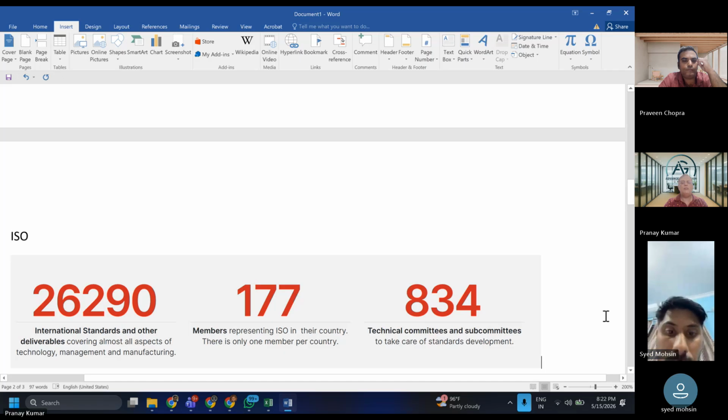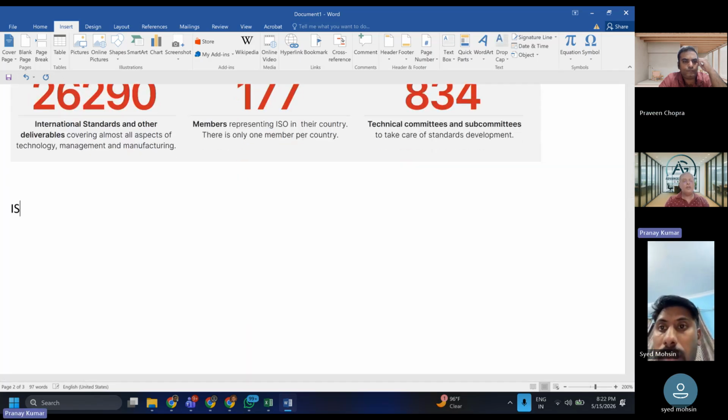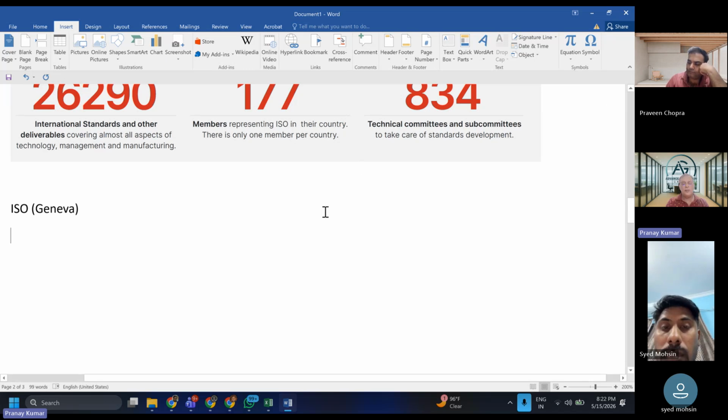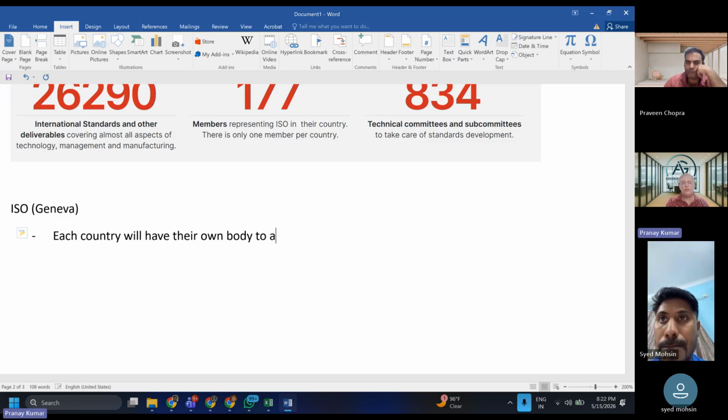So how does the certification work? There is a body called ISO, based out of Geneva. In every country in the list of 177 countries, each country will have its own body to approve certification bodies.